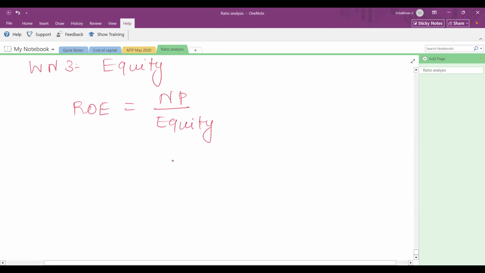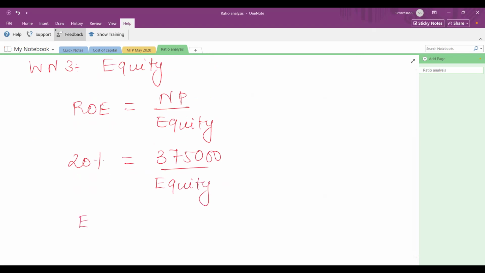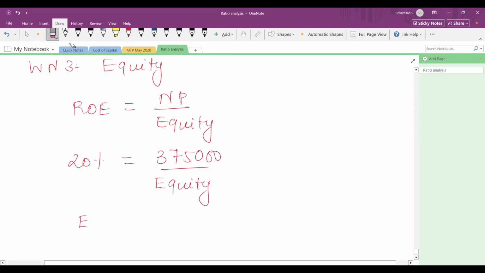It is 3,75,000. So what is the amount of equity? 25%. So what is the amount of equity? 15 lakh.